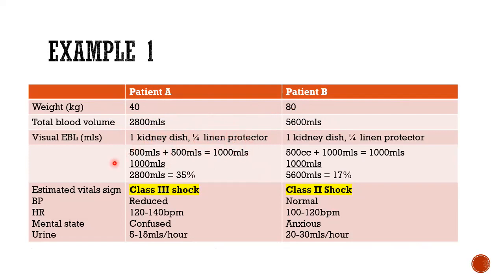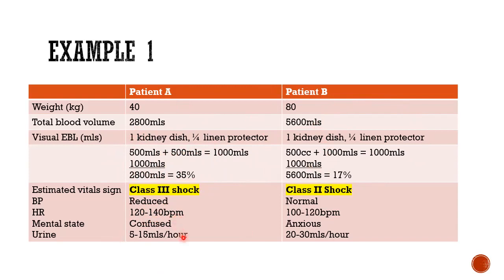So if you calculate, okay, 1 liter in a 2.8 liters blood volume is actually a 35% loss already. Whereas for this 80 kilo patient it is only 17%. Okay, 17% is around class 2, and 35% is already class 3, 30 to 40% shock. So you anticipate that the blood pressure will be reduced for patient A, heart rate will be 120 to 140, the patient will be confused, and the urine output will be reduced.